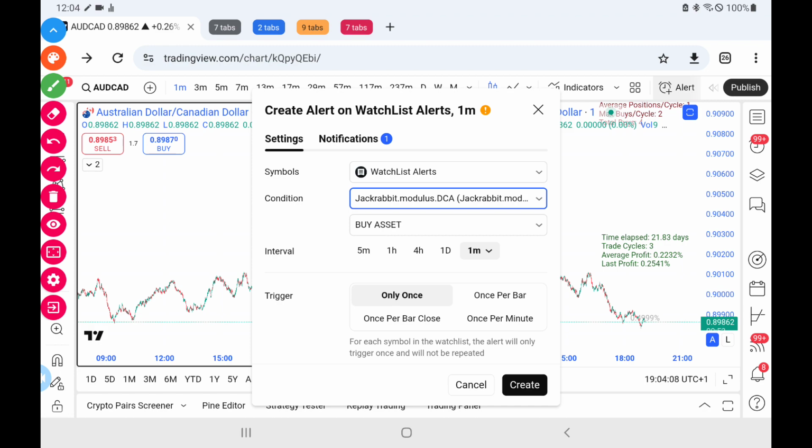Now, if you're using Jackrabbit Relay, in order to keep your risks under control, you can set the max assets setting in your configuration. I have mine set to 3. So that means I have 3 different instruments at one time, no matter how many signals come in.